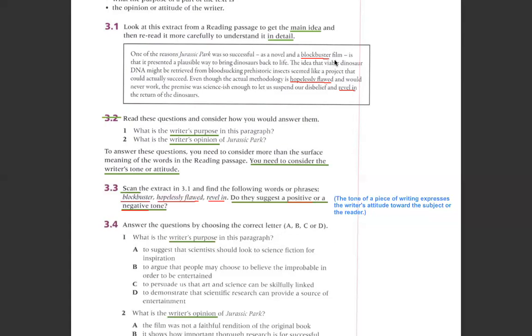All right, so let's have a look at the word blockbuster. Do you think this is positive or negative? Please type your answer in the chat box.